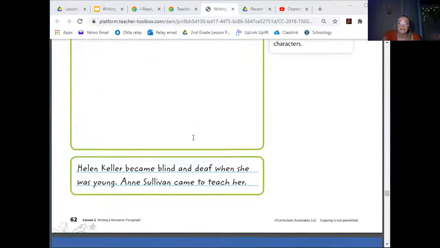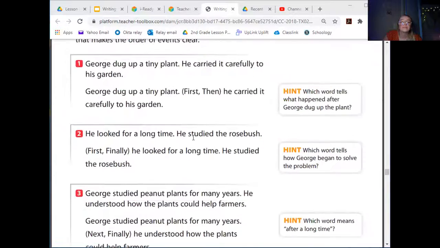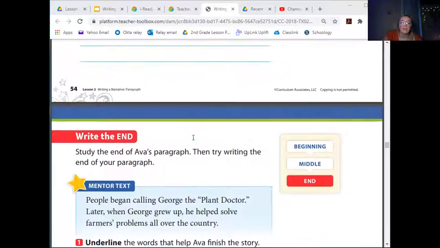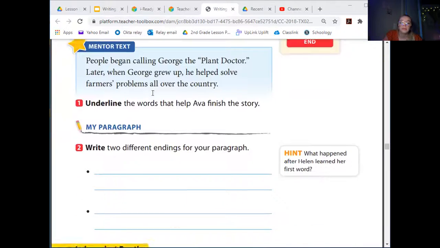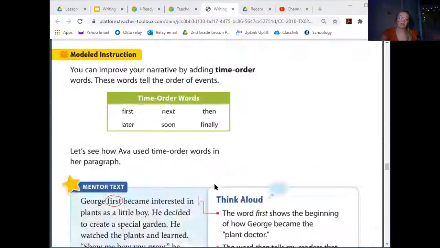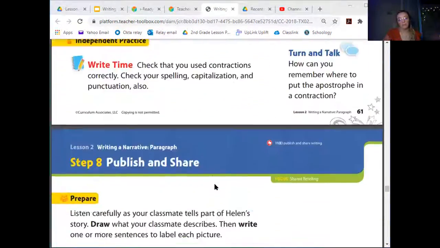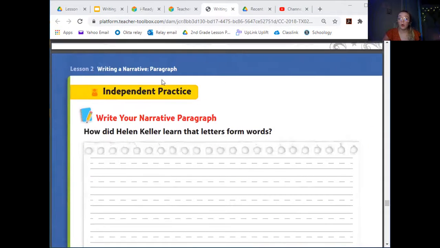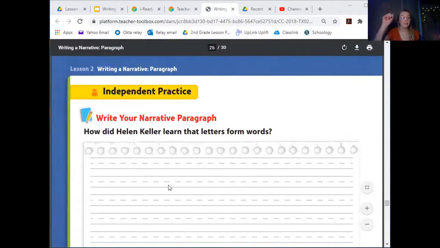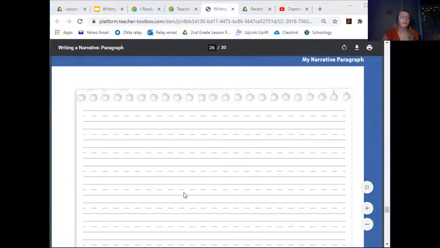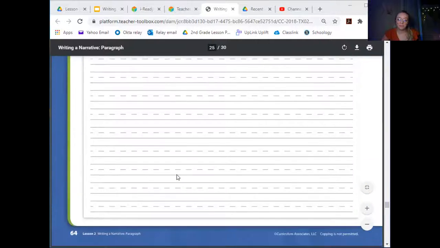So go back to page 55. Page 55, right here, write the end. And pick your favorite ending, one of these, and copy it down on page 64. All right, so you should have a whole draft. You should have the beginning, the middle, and the end on page 64. And if you need more room, page 65.